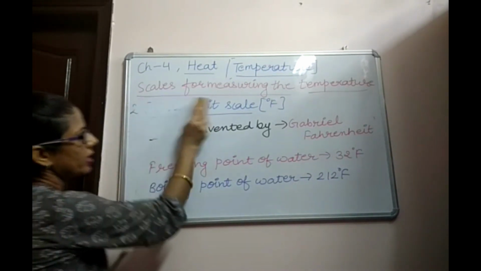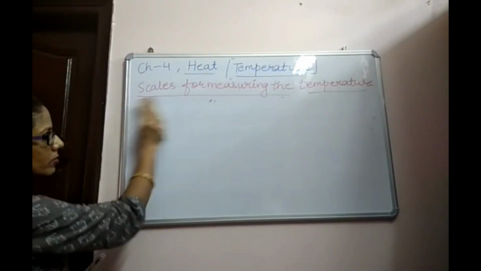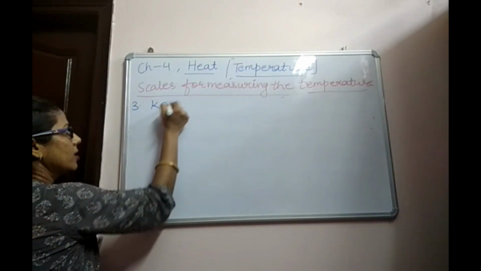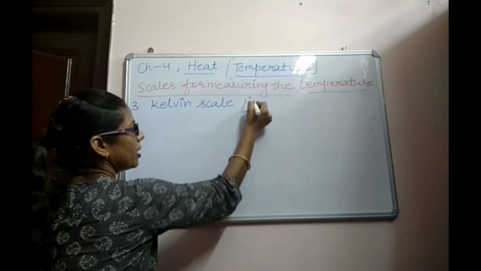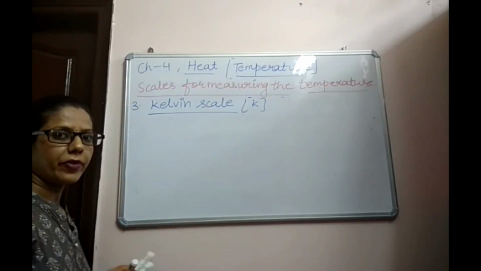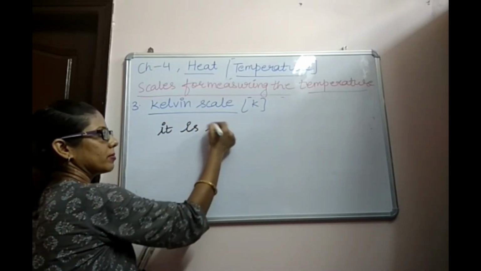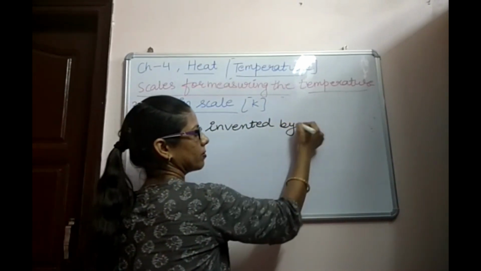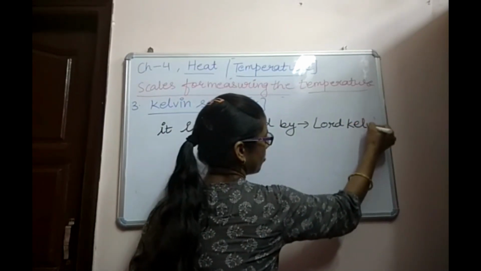Now the third type of scale is the Kelvin scale. It is denoted by capital K. This scale was invented by Lord Kelvin, and that's why it is named the Kelvin scale.